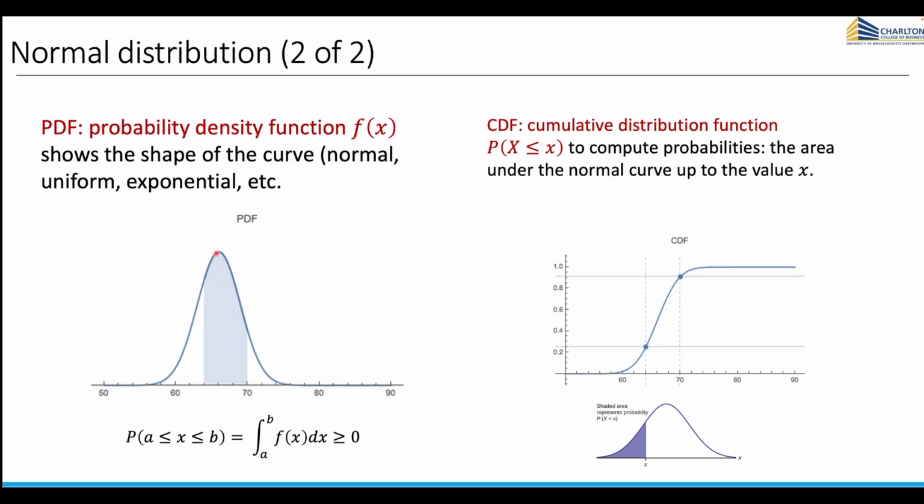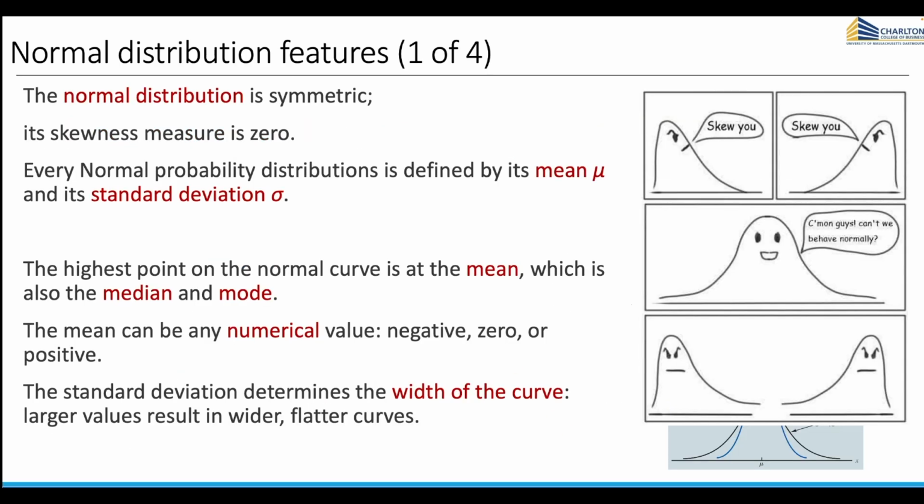Again, this blue line is the PDF defined by f of x. The area under the curve is called the CDF. So for any x, we can calculate the area under the curve for f of x less than that value. Let's review the concept. Normal distribution is symmetric, so the skewness is 0. Every normal probability distribution is defined by its mean and standard deviation.